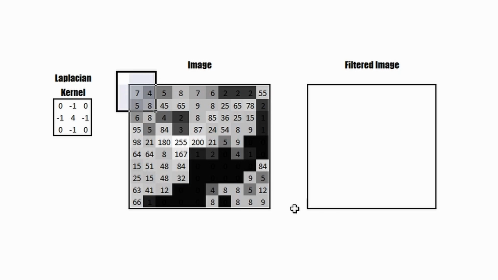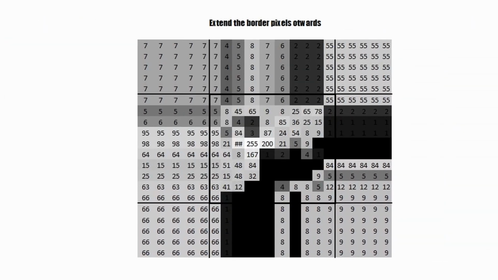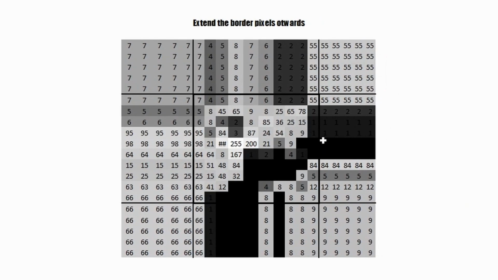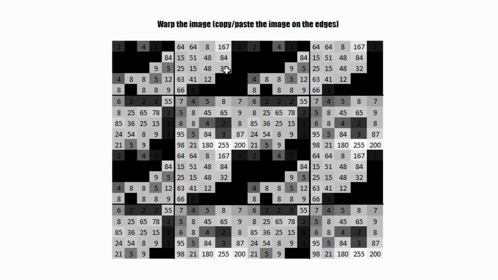How are we going to perform any operation with absent values? The way to deal with this is to add extra pixels in the border. We could just treat the absent values as zeros, which will be black, or extend the border pixels outwards in each direction, or we can mirror the image to the borders, or wrap it all around in each direction also.